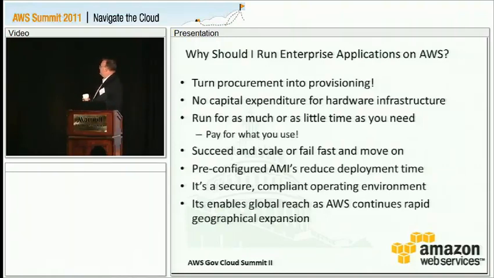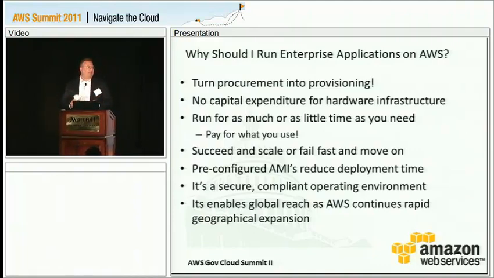So there's no capital expenditure, you run for as little or as much time as you need to run for, and then you only pay for what you use. We pre-configure machine images from all of these enterprise vendors that we're going to be talking about today. So it's just very easy. I mean, some of the stuff takes 6 hours to install and configure in a native environment. We have these machine images that are pre-configured for the environment.